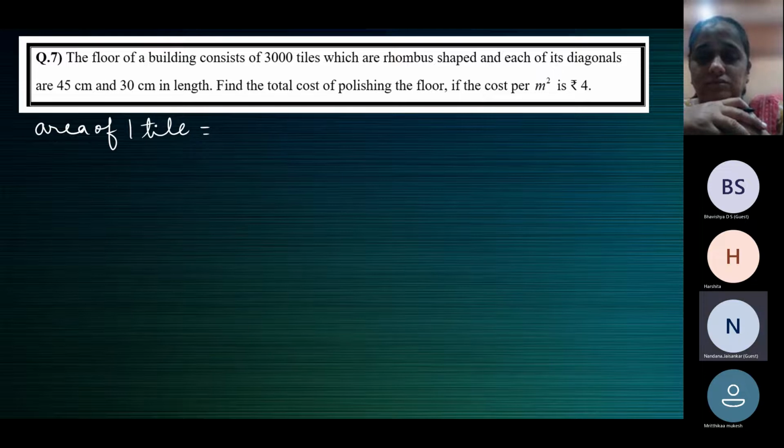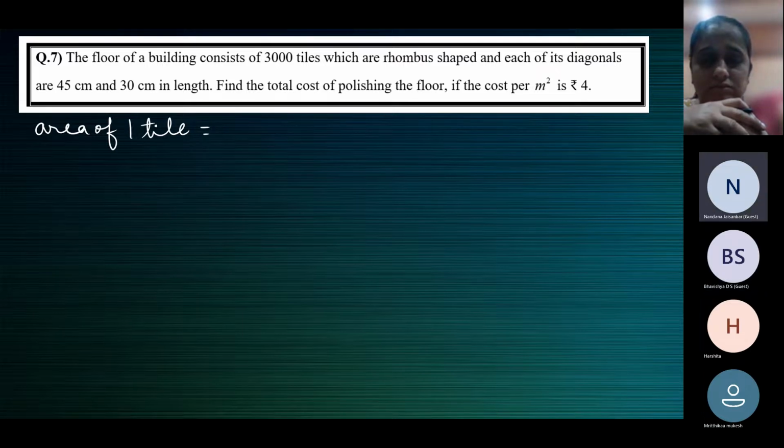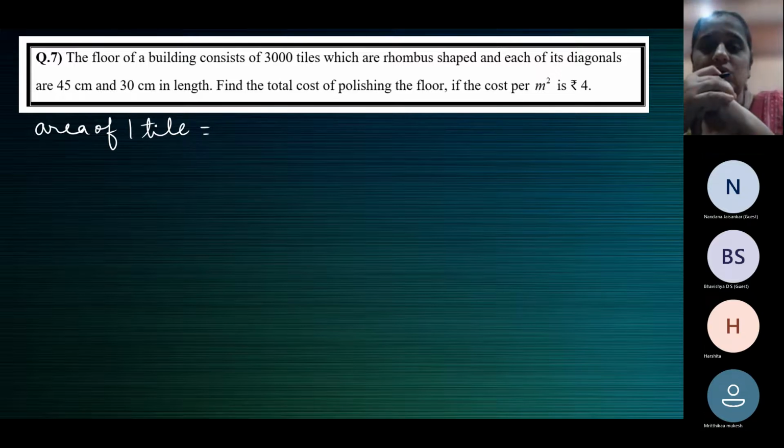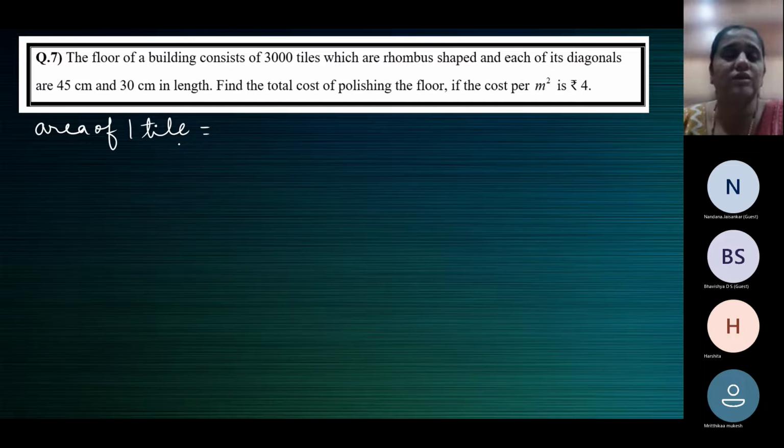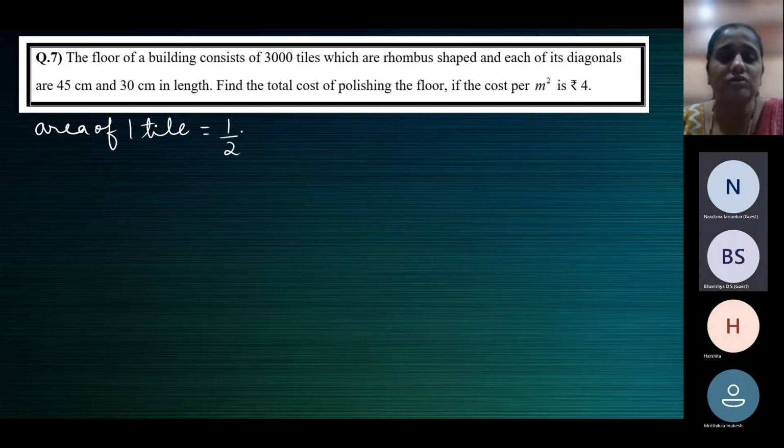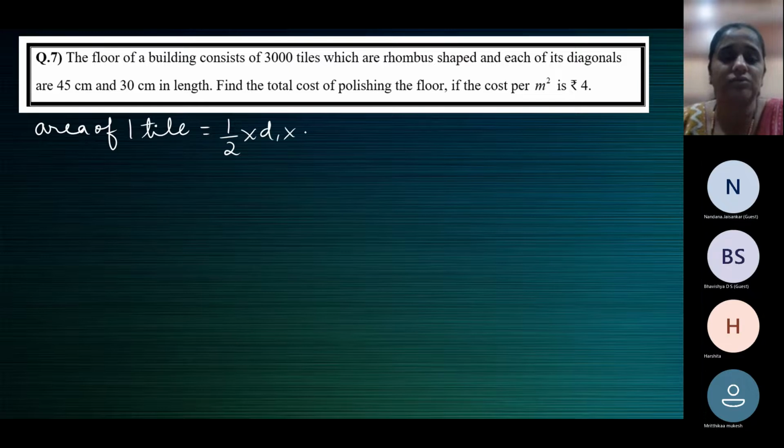Base and height is given, or diagonals? Diagonals, ma'am. How do you find the area of one rhombus-shaped tile? Half D1 D2, right? Half into D1 into D2.